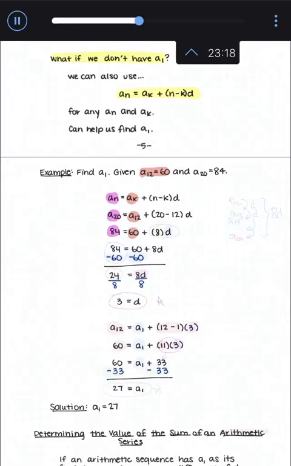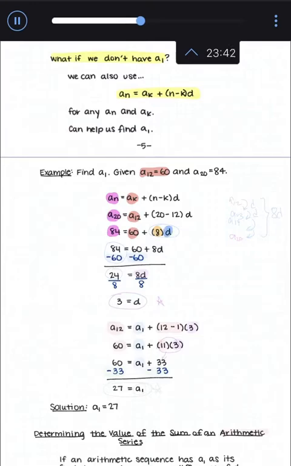Well, to get from the 12th term to the 20th term, the difference between those two is 8 terms. So what you're going to have to do to get from the 12th term to the 20th term is add the difference 8 times, whatever that is.